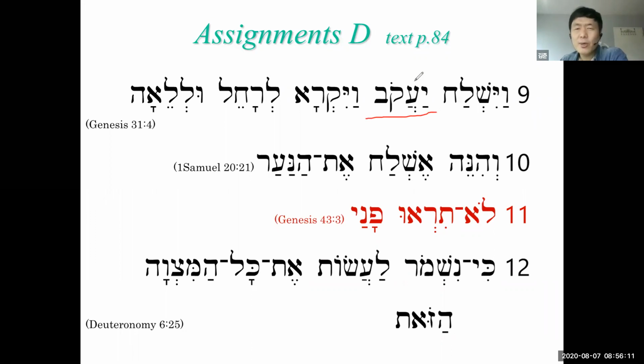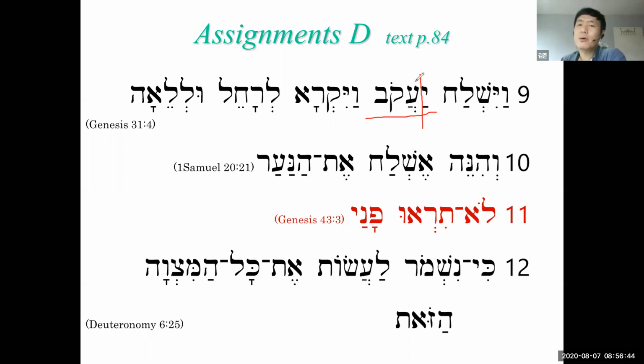Looking at this, you will be confused as if this is a verb, but this is a name, Jacob, Yaakov. And even Isaac looks like a Hebrew verb. Why? Because Hebrew names have something to do with the meaning. So Isaac means what? He laughs. So Jacob is another name which originated from a Hebrew verb.